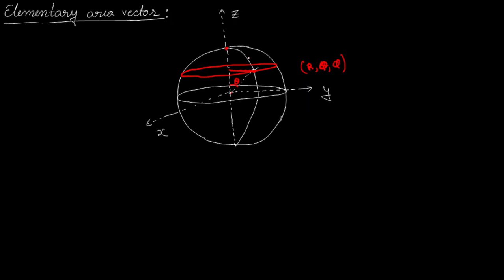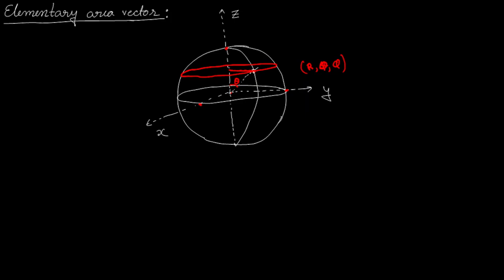If we consider another point, theta will be 90 and phi will be 90. If we consider another point, theta will be 90 and phi will be 0. So if we go from one point to another on the curved surface of a sphere of radius r, then theta and phi will change.